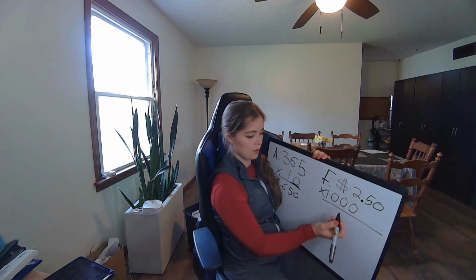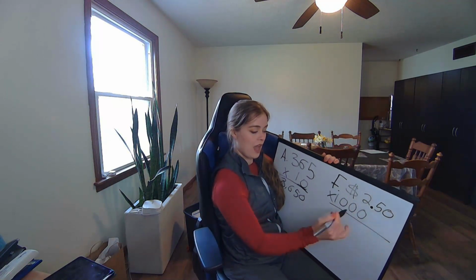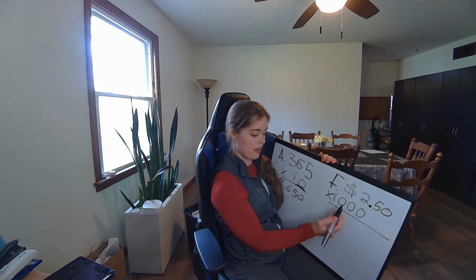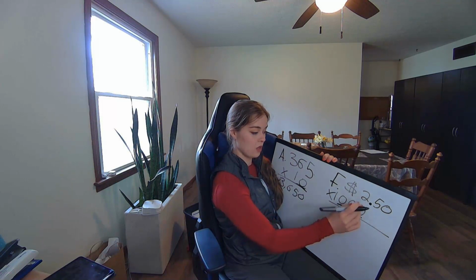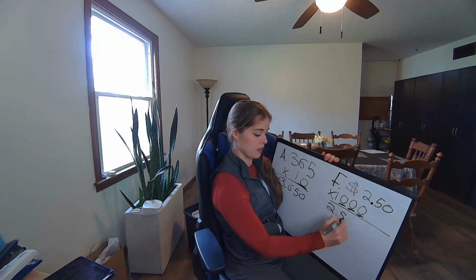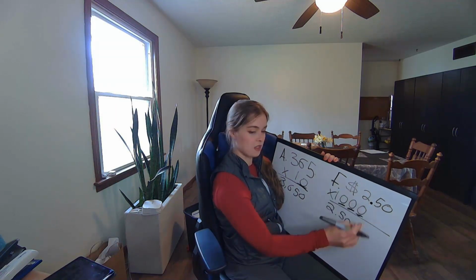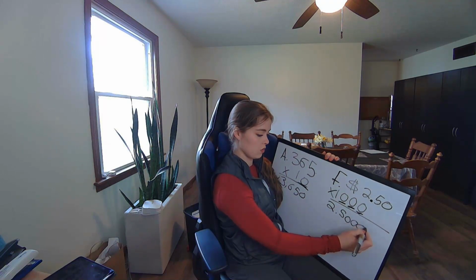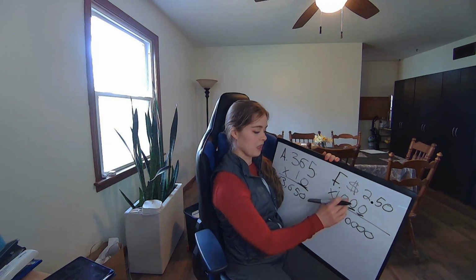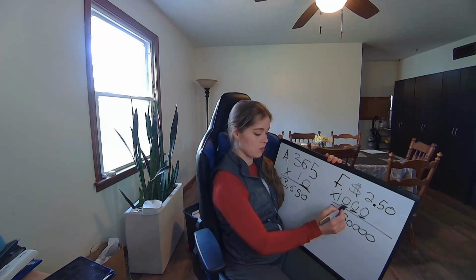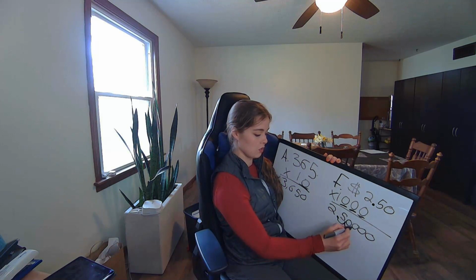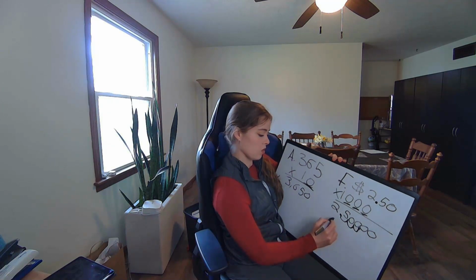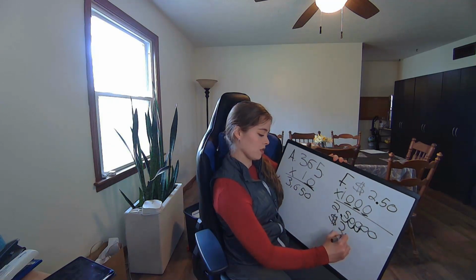So how many zeros does 1,000 have? Because this is $2.50 times 1,000. Well, it has 3 zeros, so we're going to write 250 down, and we're going to add on these 3 zeros. 1, 2, 3. Now, because there's 3 zeros, that means we need to move the decimal point to the right 3 times. 1, 2, 3. So we would get $2,500.